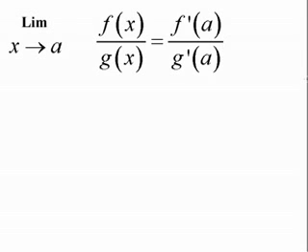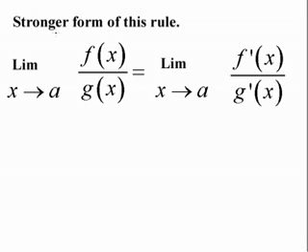It also works if we're approaching a and f of a and g of a are both infinity. So we have a stronger form of this rule. The limit as x approaches a of f of x over g of x is equal to the limit as x approaches a of f prime of x over g prime of x.